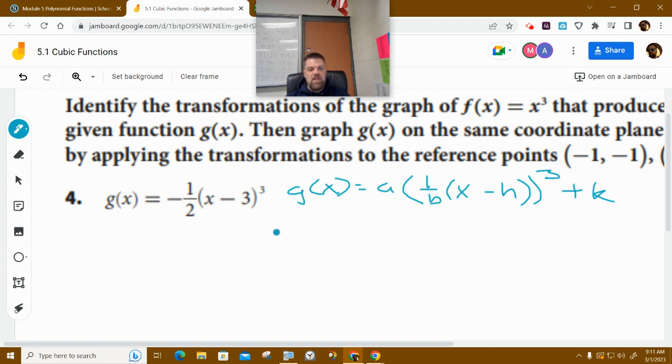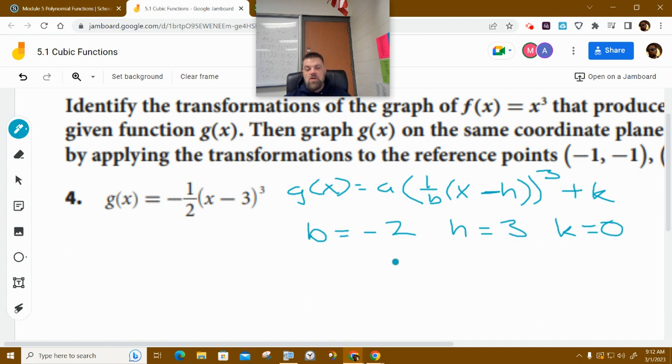Okay? Now if I were to guess, I would say that b is equal to -2. There is no a. I don't have another set of parentheses. I would also guess that h is equal to +3. Remember, the formula calls for a negative sign, so it's the opposite of whatever you see here. And k is equal to 0.